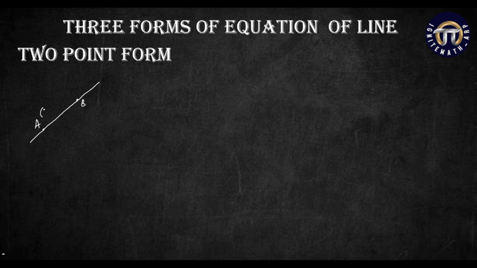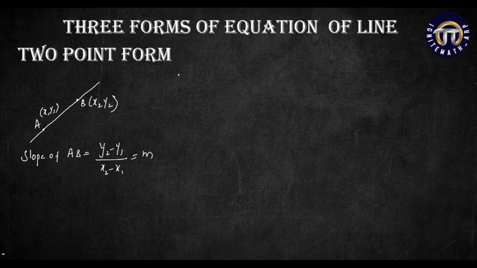Say, for example, x1, y1 is the coordinate of A, x2, y2 is the coordinate of B. Now I'm supposed to find out the equation of this line. So I know how to find out the slope of the line. Slope of AB can be found out by y2 minus y1 by x2 minus x1, which I am going to call m. Clear, children?